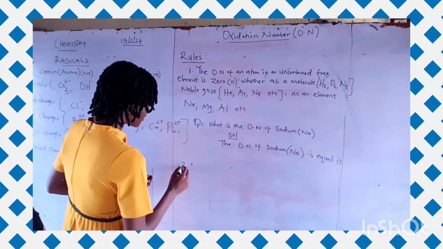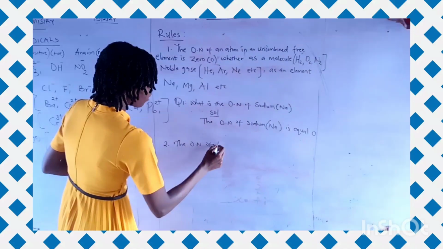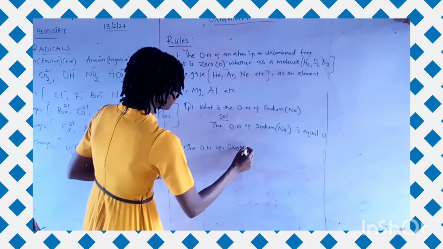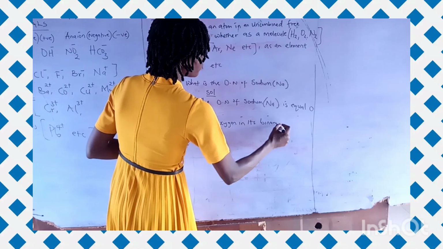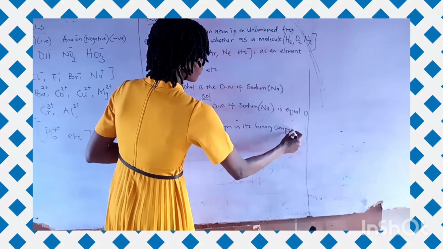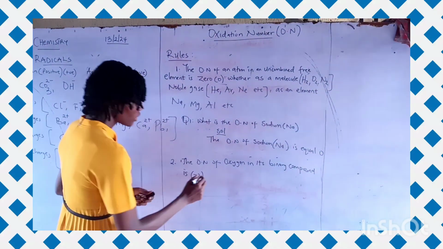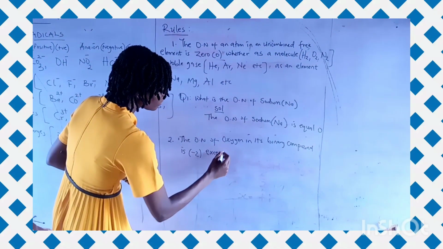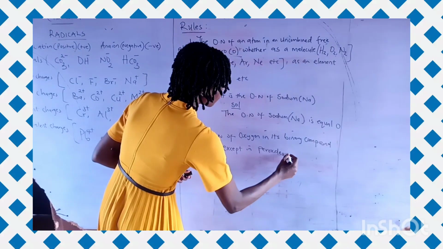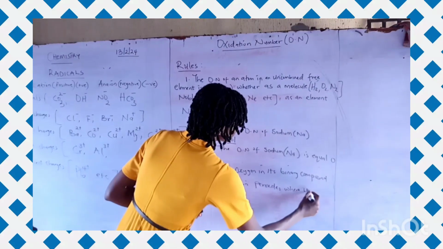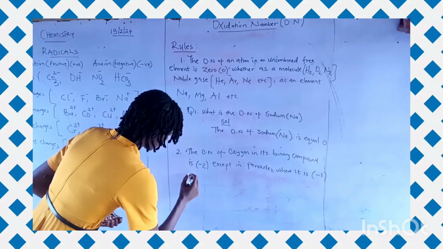Then rule number 2 says the oxidation number, that's ON, of oxygen in its binary compound is -2, take note, except in peroxides, where it is -1.